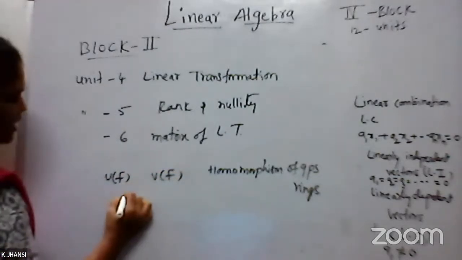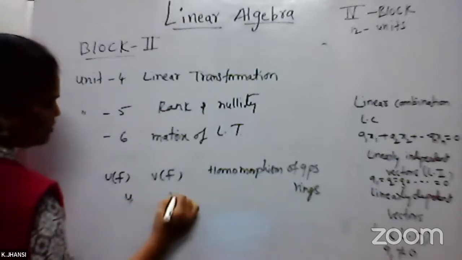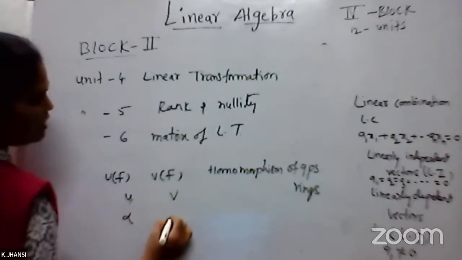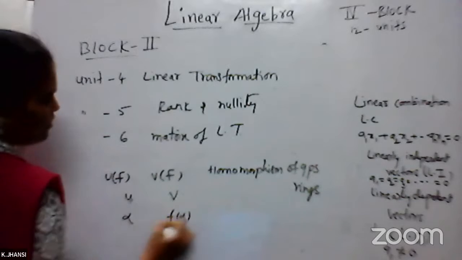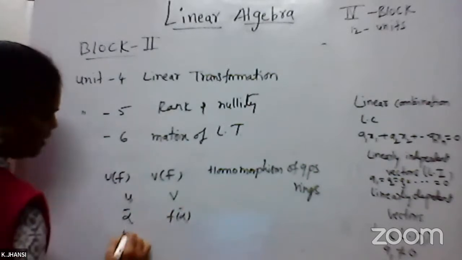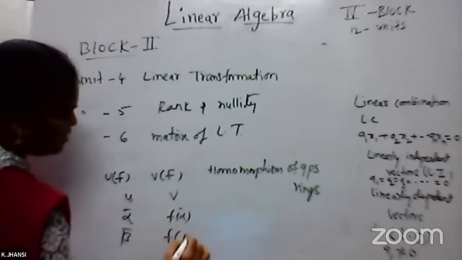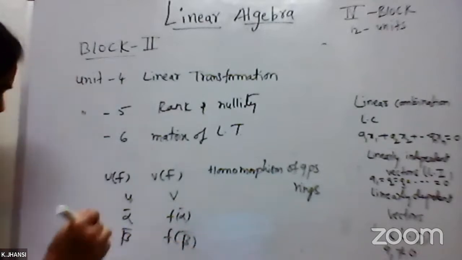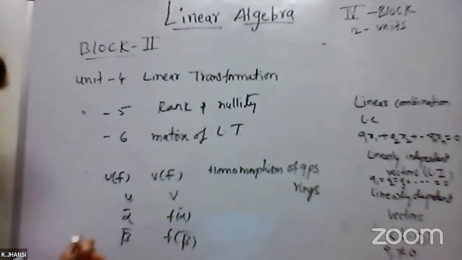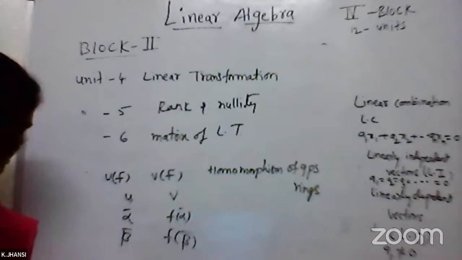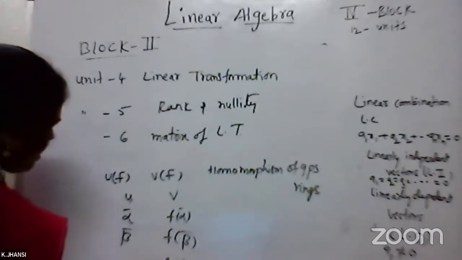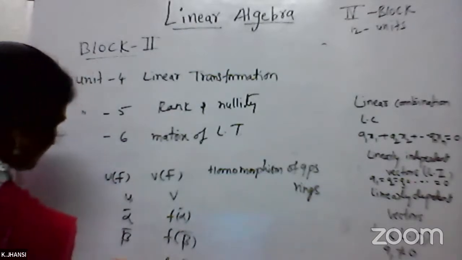If we take the mapping from U and V, this is alpha, f of alpha, and if we take beta, f of beta bar, and if it is alpha plus beta, f of alpha bar plus beta bar.